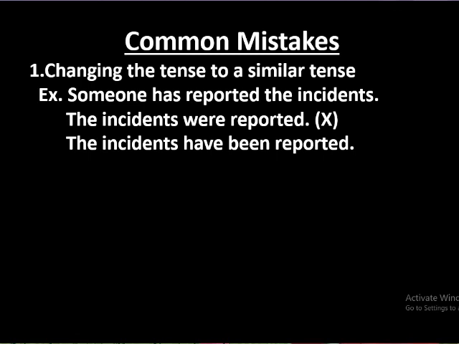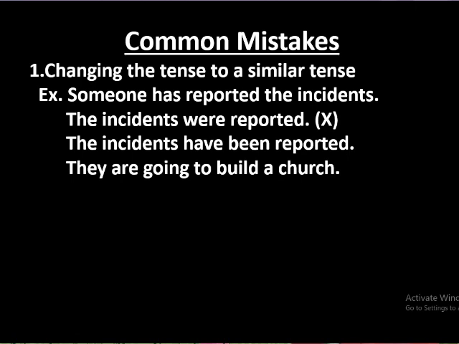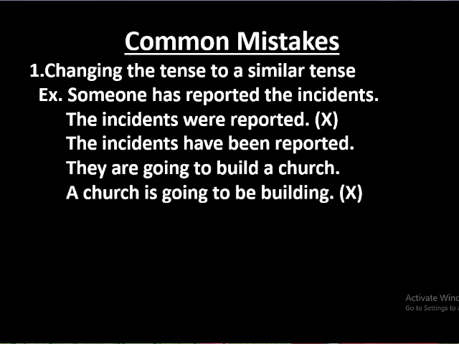Or among the future tenses, for example, the active sentence is they are going to build a church. A church is going to be building. This is wrong. The right passive voice for this sentence will be a church is going to be built.